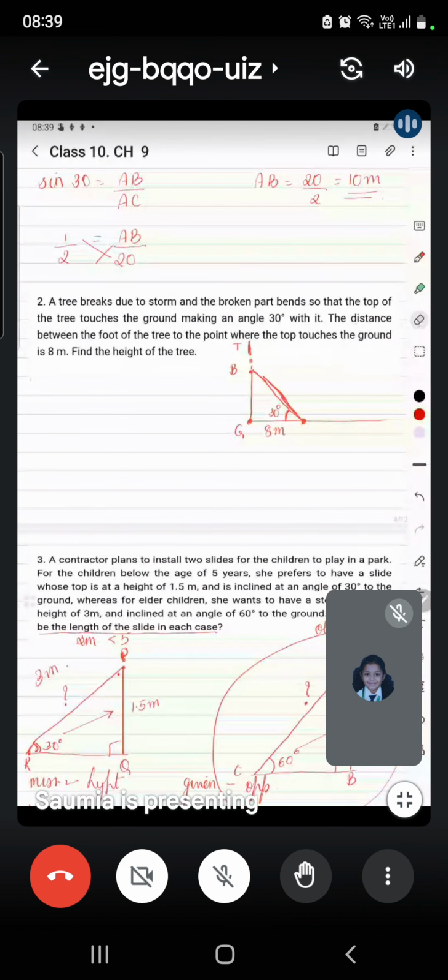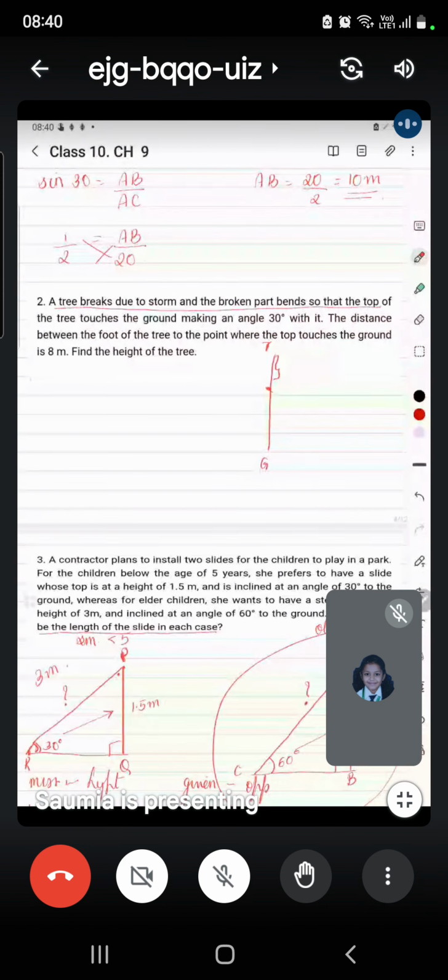Okay, I repeat, I'm drawing the figure again. Let's understand the question. A tree breaks due to storm. Okay, so that means there was a tree and this tree was standing tall like this. But a storm came and hit the tree, say at this point. So what happened?